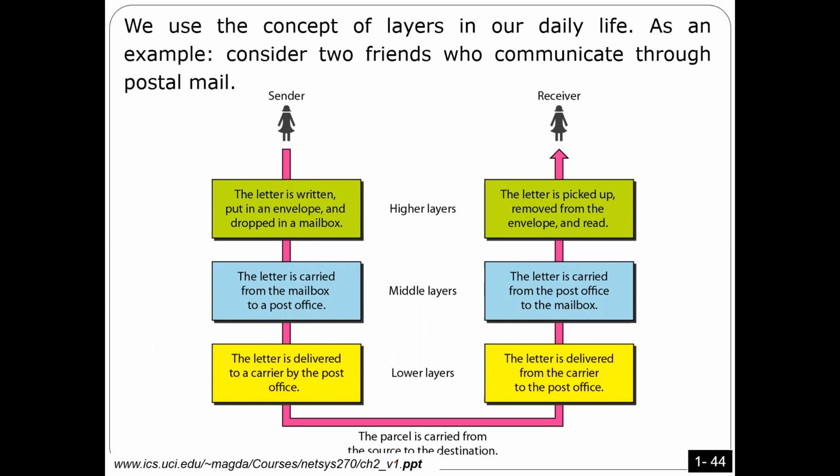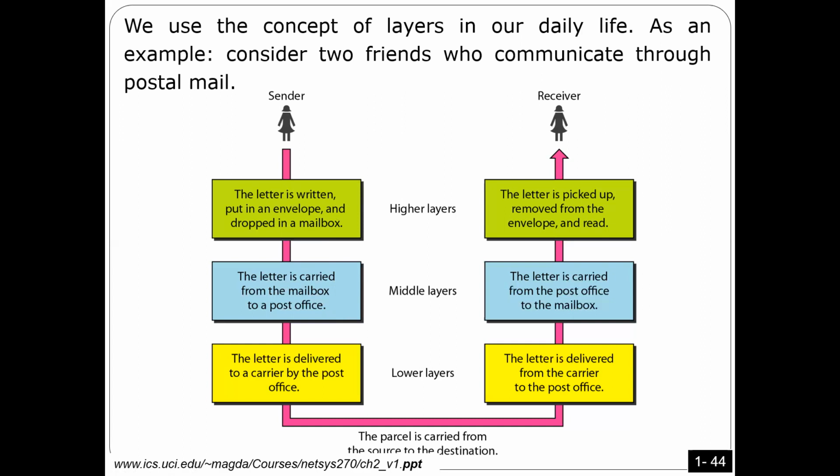Okay. And I have a very good slide here. Even in our life, in many things, we do it in phases. For example, if you want to transmit a letter, you have to write a letter, put it in an envelope, and then drop it in the mailing box. Is that okay? So this is a phase. And then after that, the letter is carried by the post office from your home mailing box to the office.